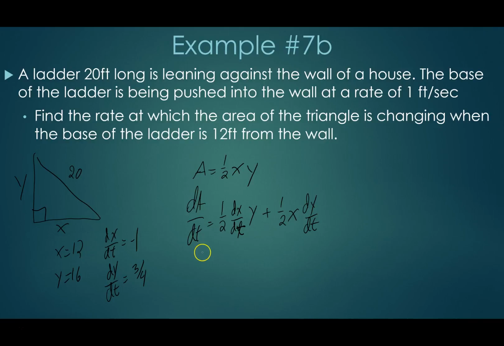So now we just plug in. We want to solve for dA/dt. So dA/dt equals 1/2 of -1 times 16, plus 1/2 of 12 times 3/4.